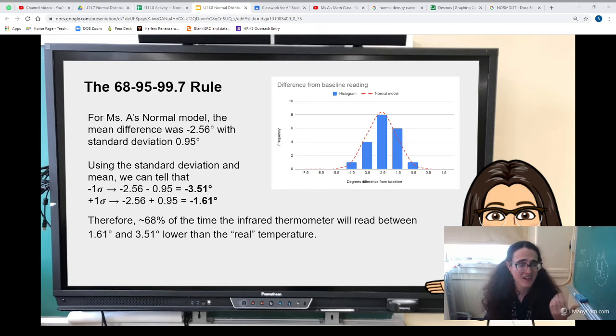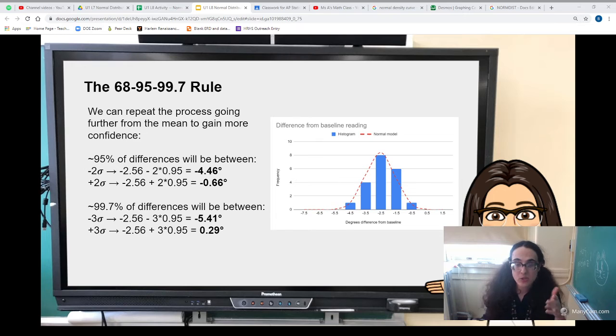It's some amount of confidence. It's not necessarily a lot, but it's some. So we can start pushing out to 2 standard deviations, 3 standard deviations, and we are going to capture a lot more of our potential readings. So what do we get if we do that pushing?